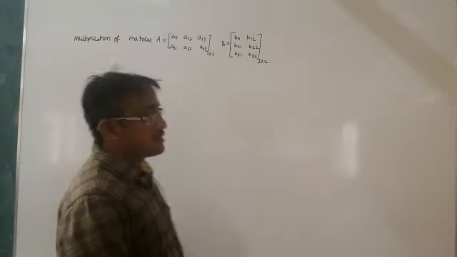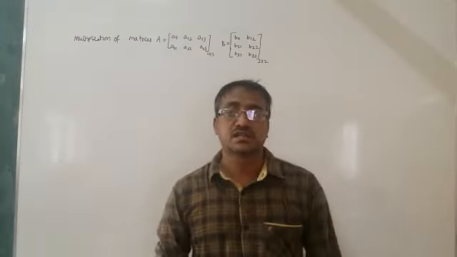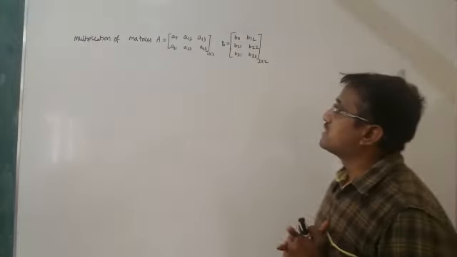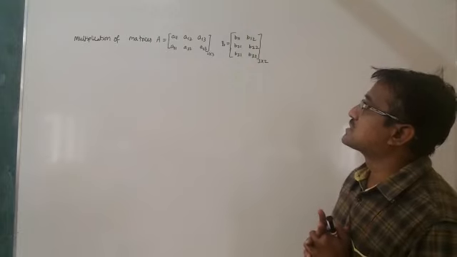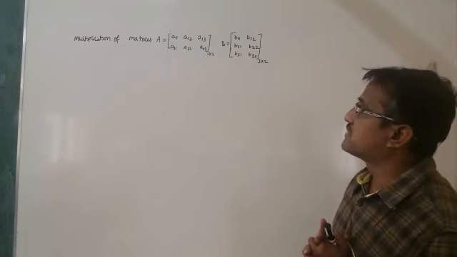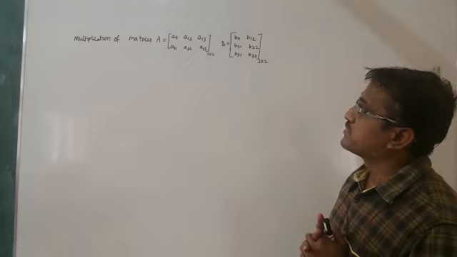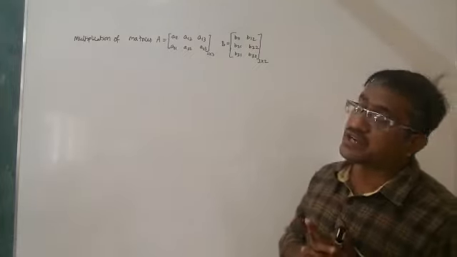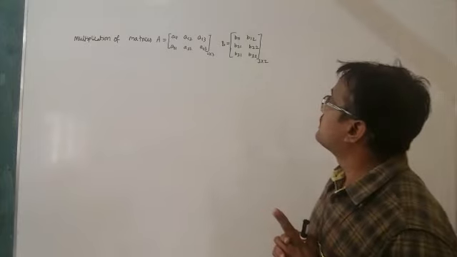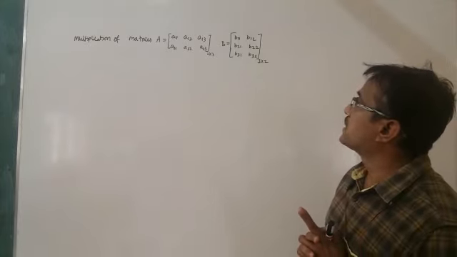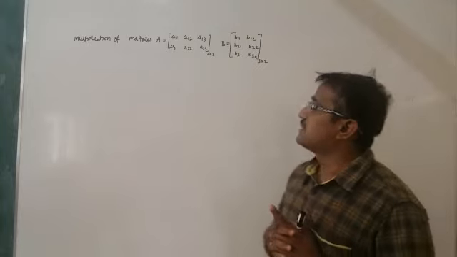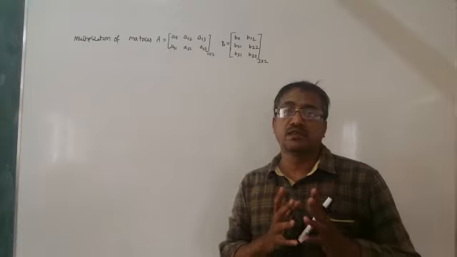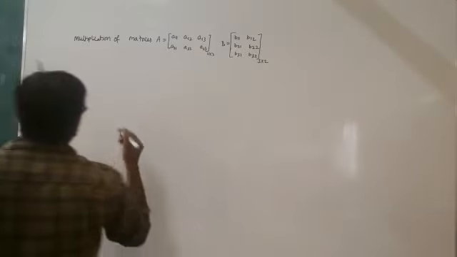Now let us see how to multiply the matrices A and B, where A is a matrix of order 2 by 3. A is given by matrix A11, A12, A13, A21, A22, A23, and B is a matrix of order 3 by 2, that is B11, B12, B21, B22, B31, B32. Now the product of A and B is given by AB.